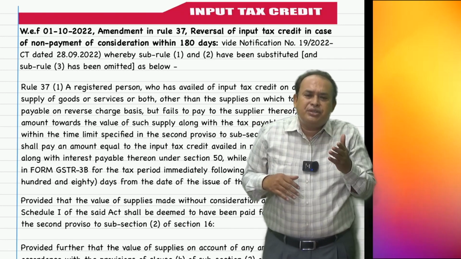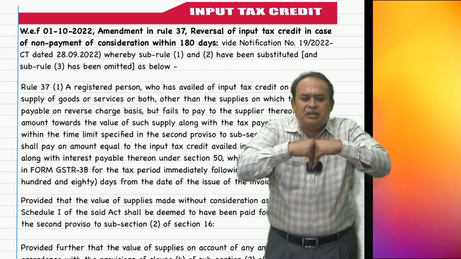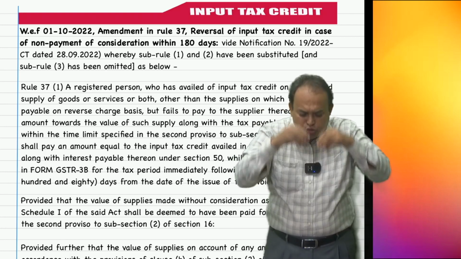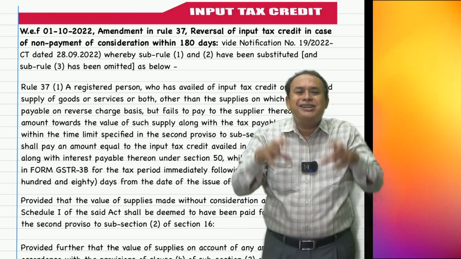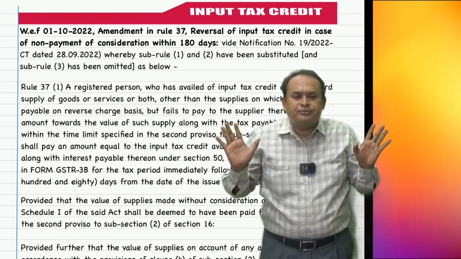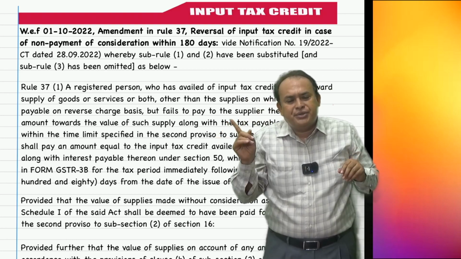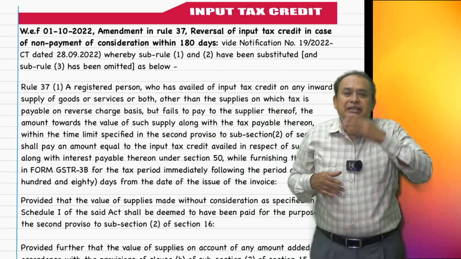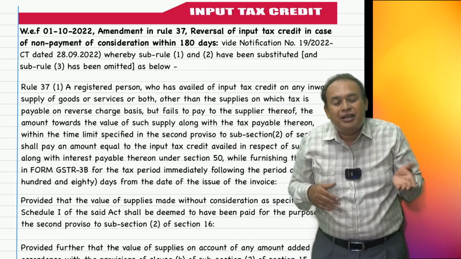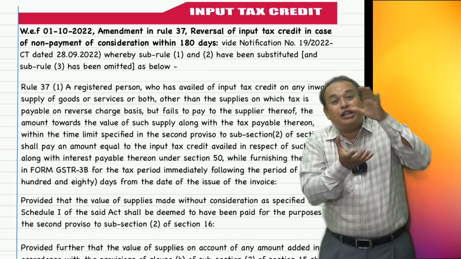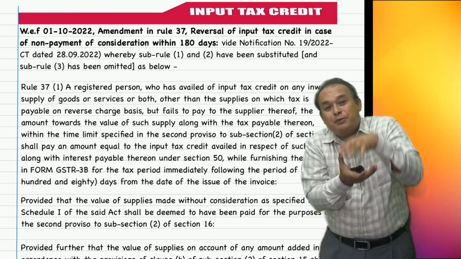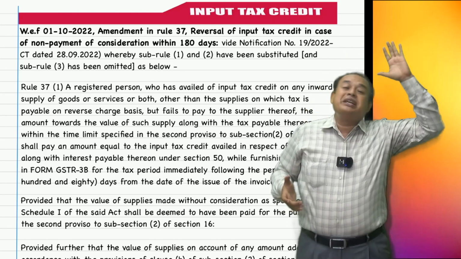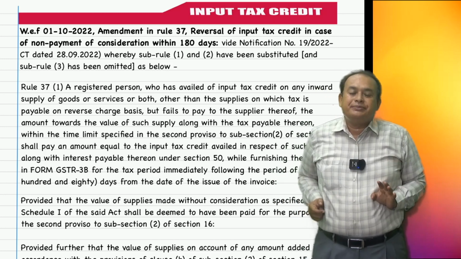The law says: in the month in which the 180 days expire. Today, 26th of September, 180 days expired from the date of invoice. When should I reverse? In the next month. Next month means October. In the October month return I have to reverse. When am I going to file the October return? 20th November. That is the time it should be reversed.